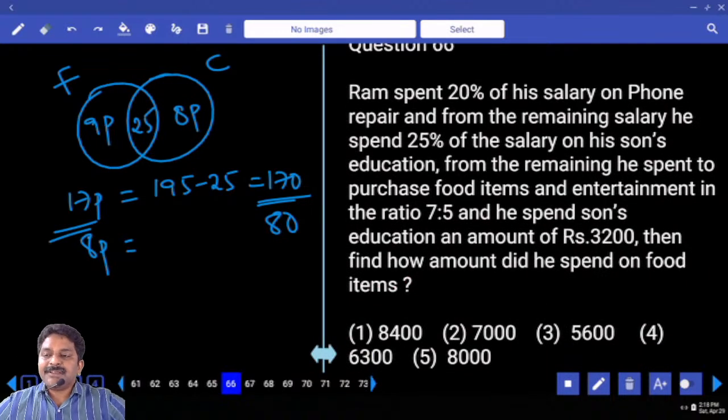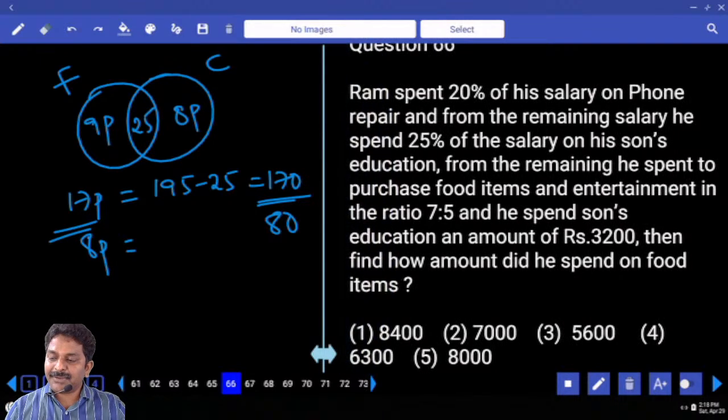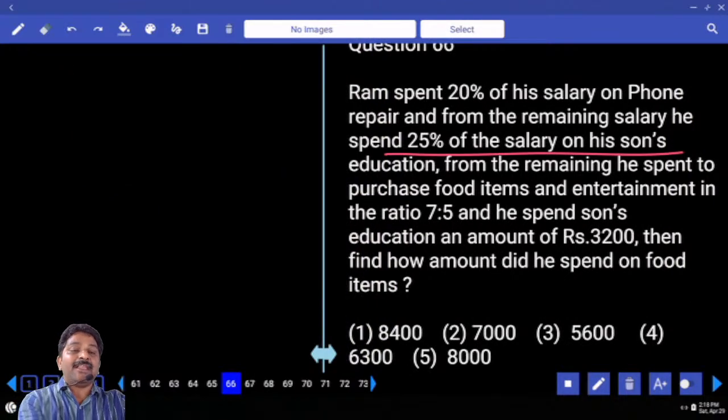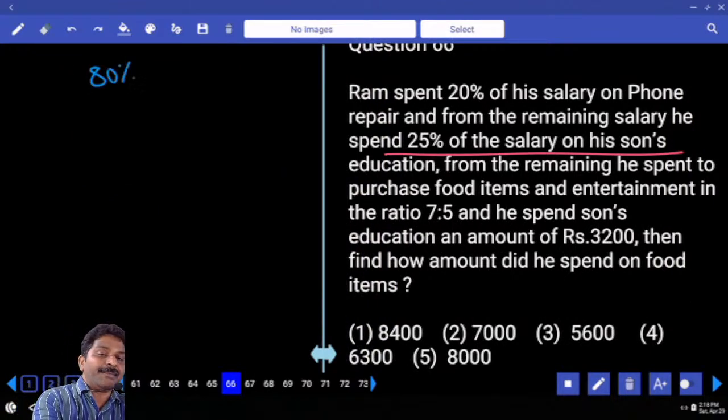Ram spent 20% of his salary on phone repair and from the remaining salary. Stop. How much is remaining now? 80%. 25% of the salary on his son's education. So this 25% must be calculated on 80%. How much is that? 20. Okay.